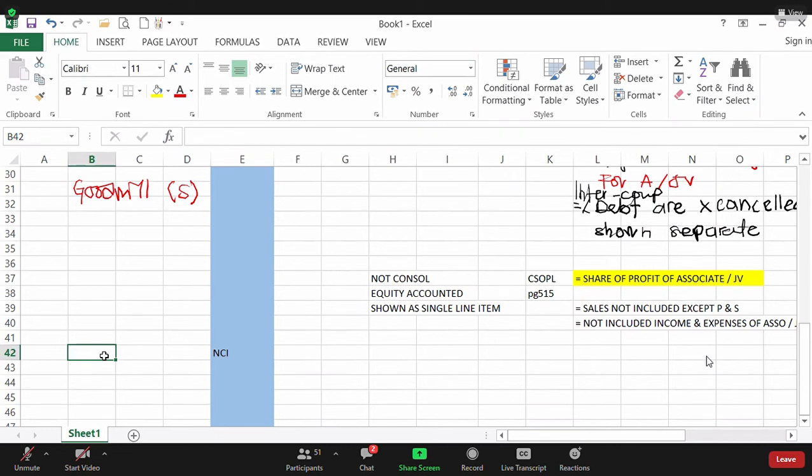Yes, if the parent does not control 100%. What about an associate? Are we having NCI or not?